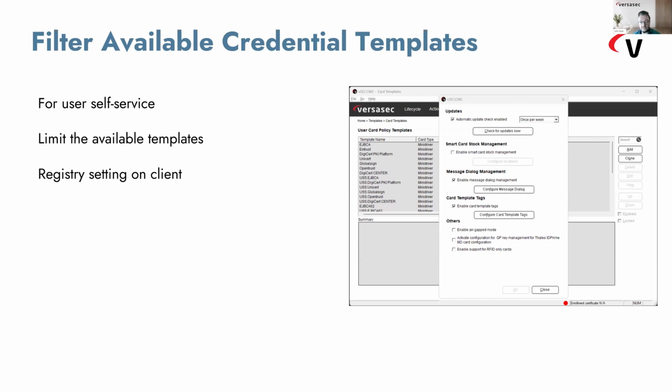So with this enhancement, you can limit and specify the self-service templates available to them, making it easier for the help desk to provide a guide, and there's less chance of the user selecting the wrong template.